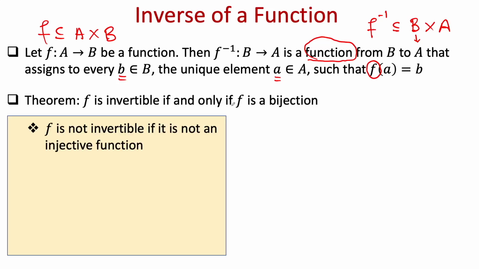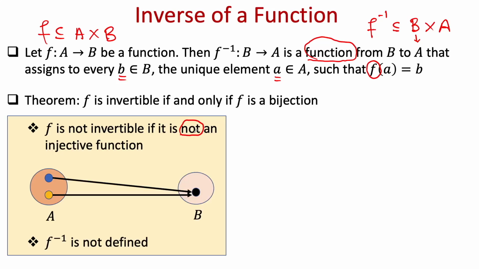So let's prove this formally. We can show that if your function f is not an injective function, then clearly f is not invertible. Since f is not injective, you have two elements in the domain, say a1 and a2, which are different but get mapped to the same element small b. As far as the definition of a function is concerned, this is allowed, right?